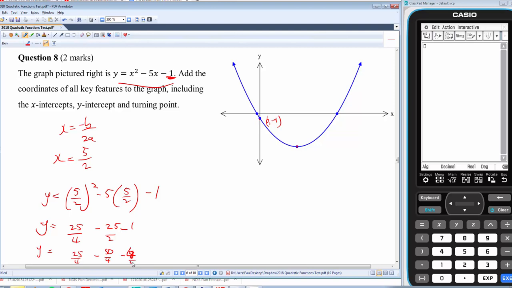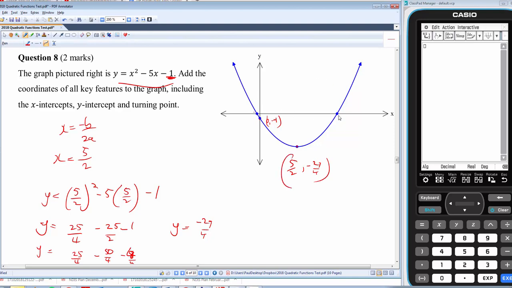Oops, 4 over 4. I've just found a common denominator there. So that's going to be y equals negative 29 on 4. Okay, so when x is 5 on 2, y is negative 29 on 4.